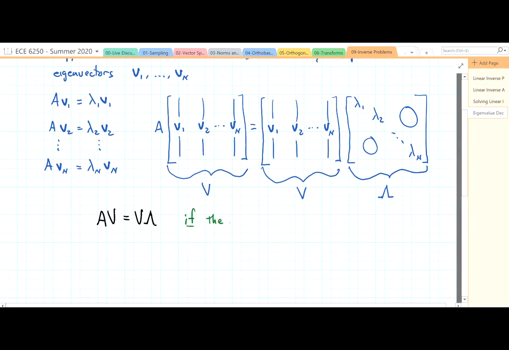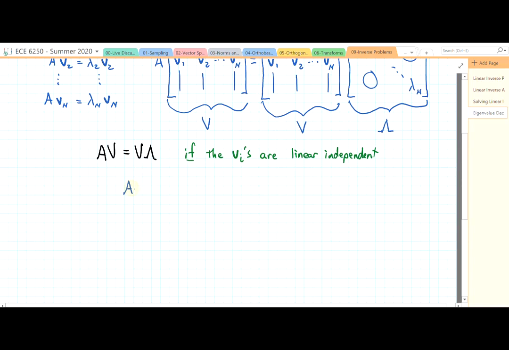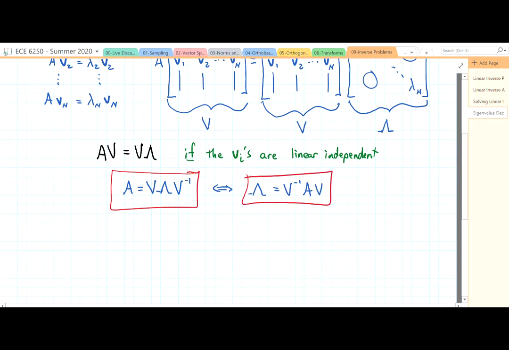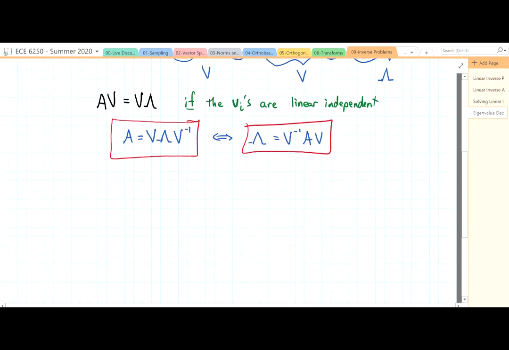If the v_i's are linearly independent, then we get A is equal to V lambda V inverse, or equivalently we could solve for lambda as V inverse A V. Okay, so this is not true for all matrices.